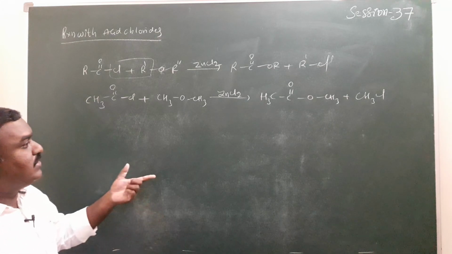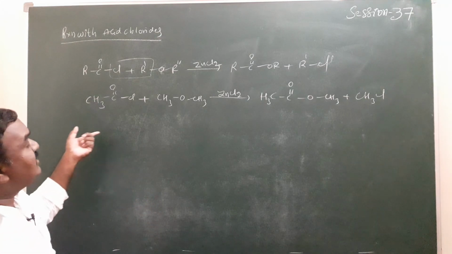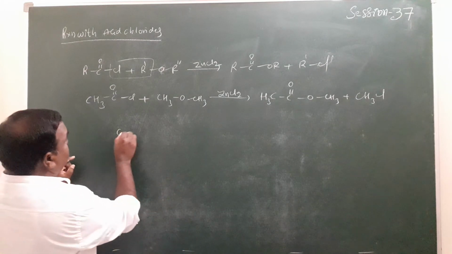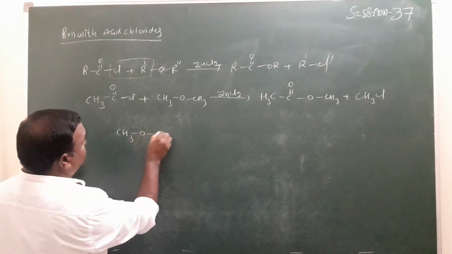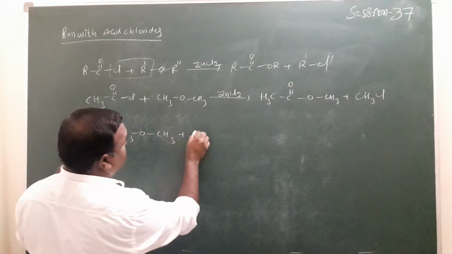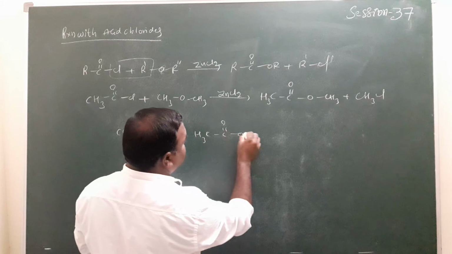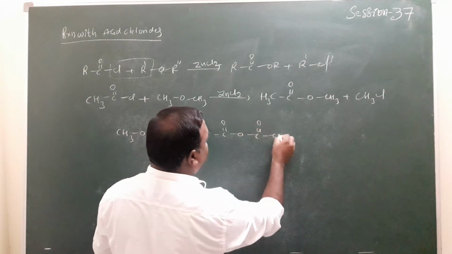In the same way, we can write the product wherever ethers react with anhydrides. For example, here acetic anhydride is given, CH3-C=O-O-C=O-CH3.